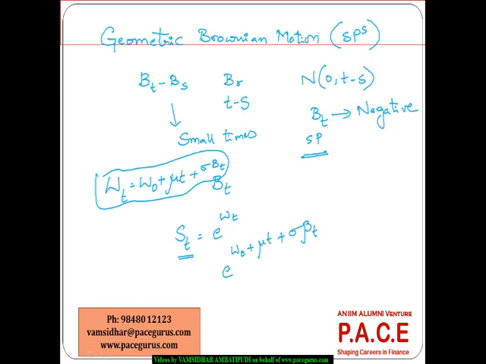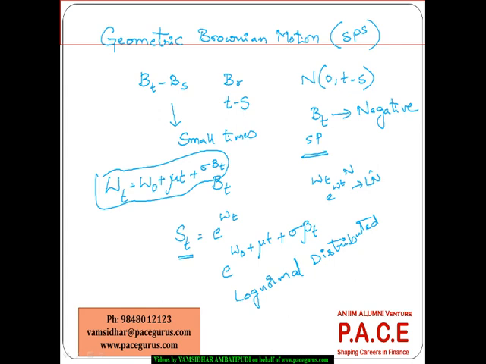And we see that this is log normally distributed. St will not be normally distributed, because when we say Wt is normally distributed, e power Wt is log normally distributed, not normally distributed.